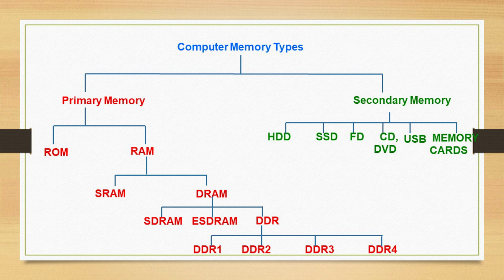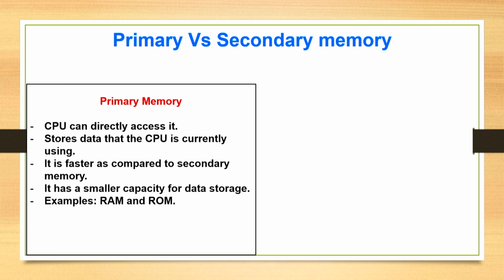One should know the difference between the primary and the secondary memory. Primary memory is accessed by the CPU directly, or you can say the CPU can directly access it. It stores data that the CPU is currently using.